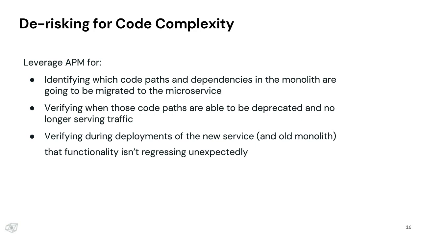Finally, observability is really helpful in deployment of that new service. Basically, it can help you figure out if the functionality isn't regressing, and whether that performance is actually better or worse before and after a deployment. And Lightstep in particular has a really great tool for this.